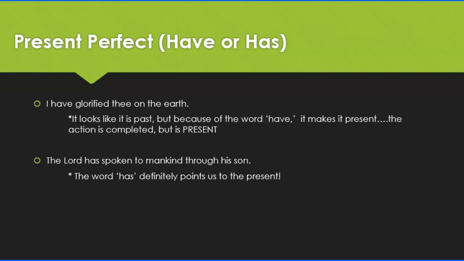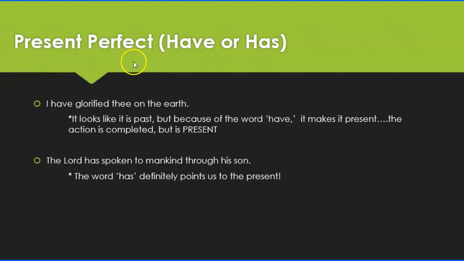All right, so let's begin with present perfect. And if you haven't already gotten your book out, go ahead and turn to page 172. We're going to quickly be over in 173 though. And the best way to learn these is to actually look at examples and you'll be able to see what I'm talking about.